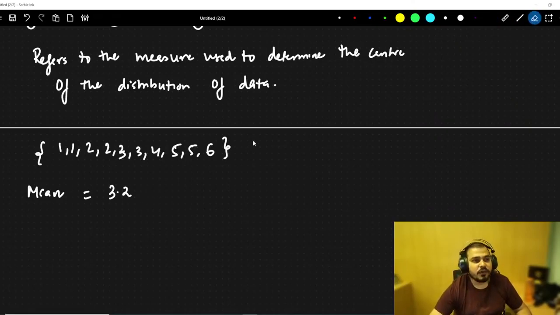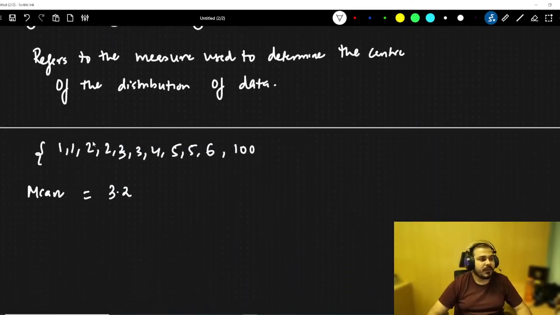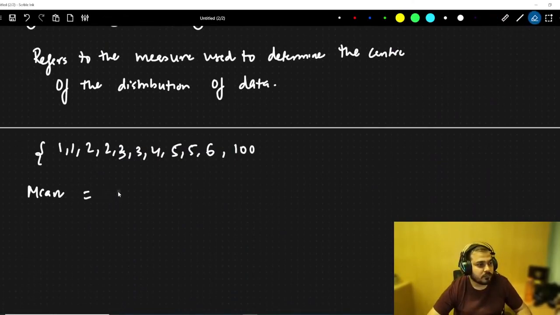Now what if I tell you that in this distribution you add one more element like 100? When you add 100, what will happen? Then it will become 32 plus 100 divided by 11.